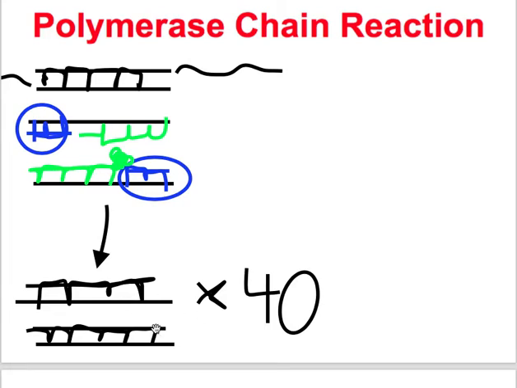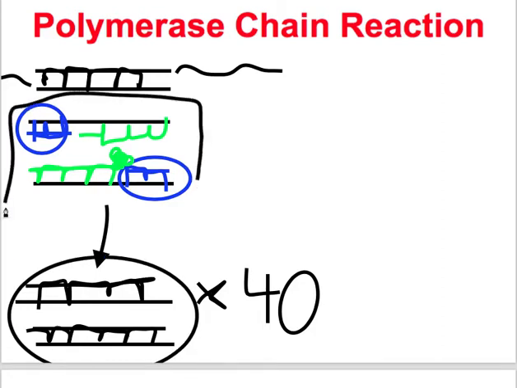So these 2 will become 4. Those 4 will become 8. Those 8 will become 16, 32. And it gets crazy because, 2 to the 40th, you start getting pretty big numbers. So you ultimately amplify this region of DNA that you selected with these primers right here.